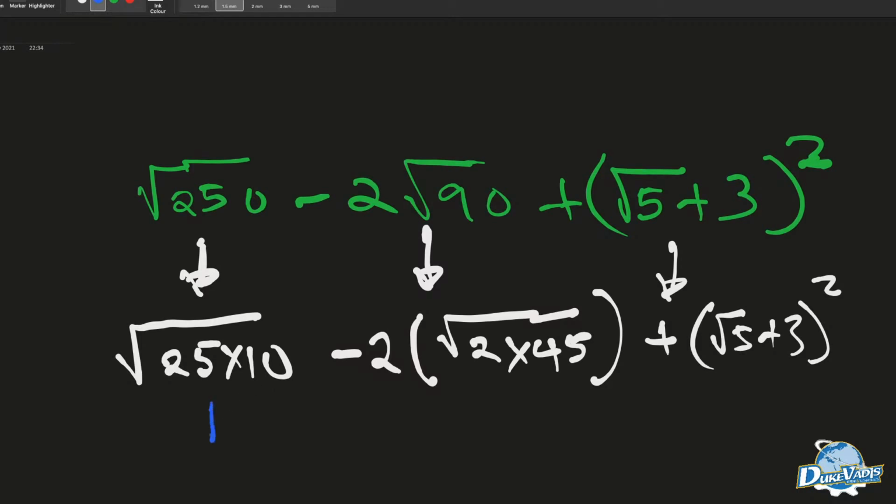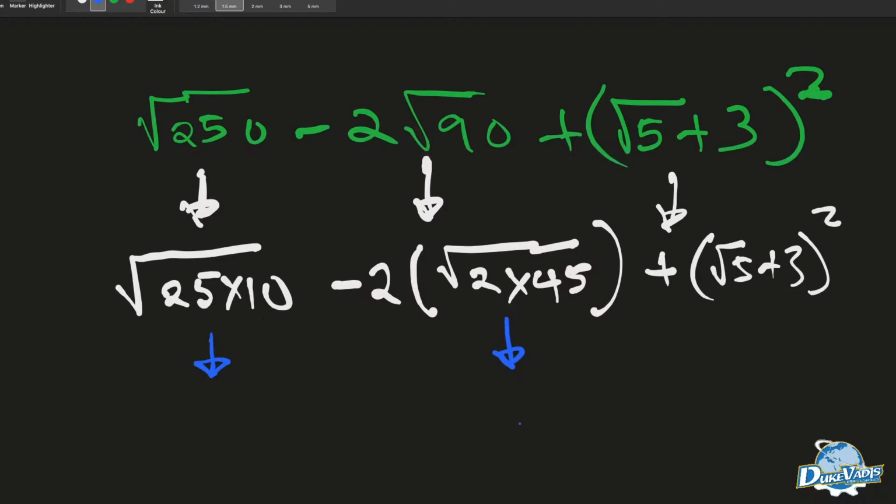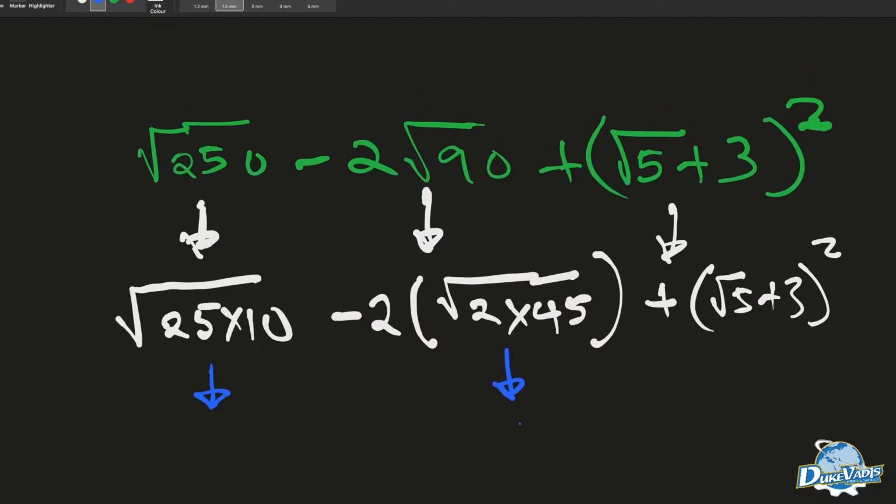When we come here once again, we will see that 25, we can also break it down. We say surd 25 multiplying surd 10. And this minus 2 is out.